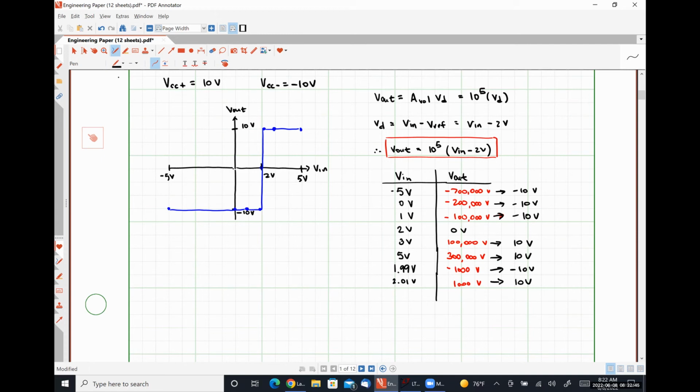So from this, we can approximate V out as a piecewise function.